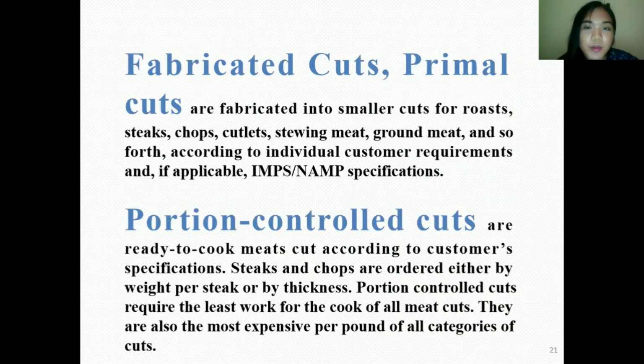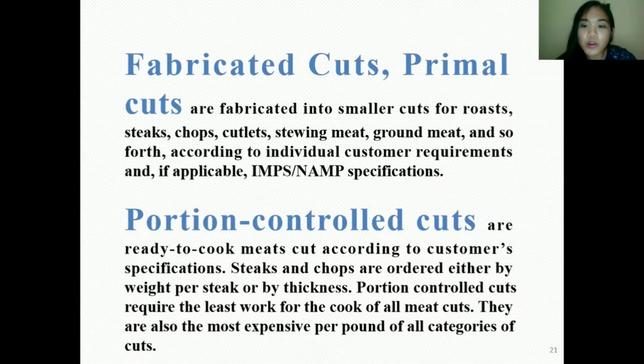Next are the fabricated cuts. Primal cuts are fabricated into smaller cuts for roasts, steaks, chops, cutlets, stewing meat, ground meat, and so forth, according to individual customer requirements and, if applicable, IMPS or NAMP specifications. Then there are the portion controlled cuts, which are ready to cook meats cut according to customer specification.